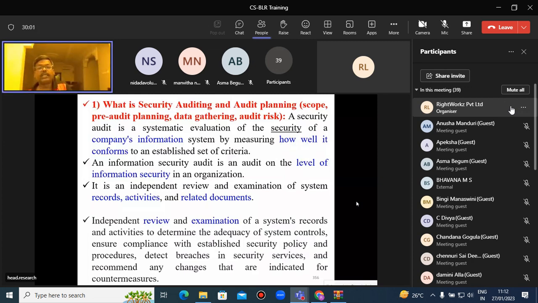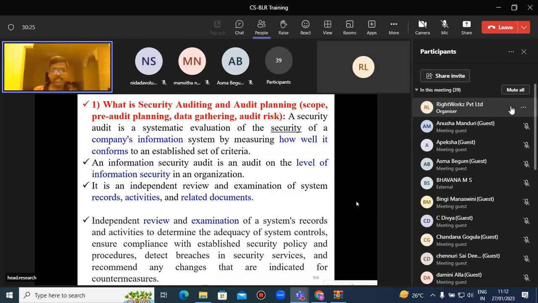It is an independent review. See, an expert committee visits our organization. They review our security mechanism, and they examine the system by checking records, activities and related documents of the organization.